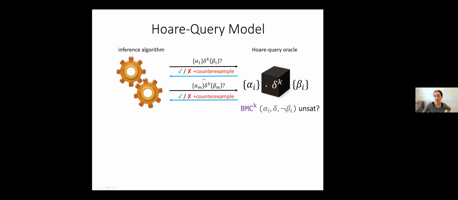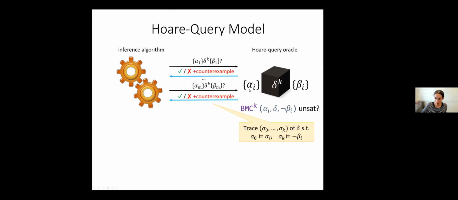Each query consists of two formulas, a precondition alpha i and a postcondition beta i. The question, a Hoare triple, is whether when we start from alpha i and make k steps of the transition relation, we are guaranteed to end up in beta i. This can again be implemented using a SAT solver by a bounded model checking query of k steps. So this is the second model.